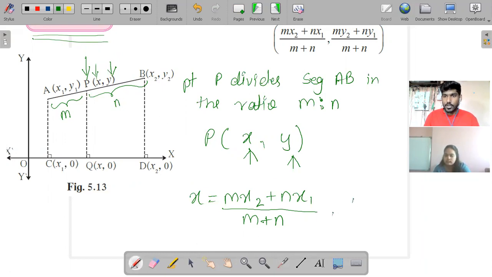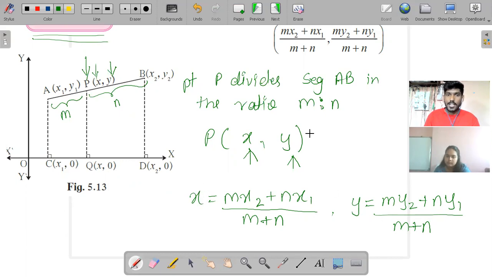Similarly, you can find y. The formula for y is my2 plus ny1 upon m plus n. So you solve this and you get the value of y, and you solve this and you get the value of x. Both you substitute in the point, and that will be the coordinates of your point P, x comma y.